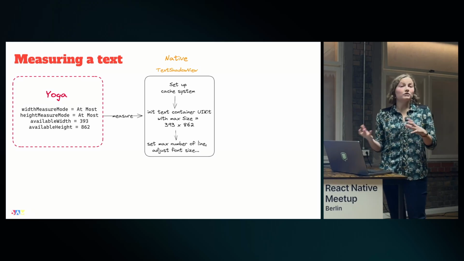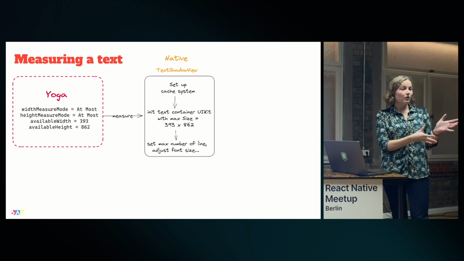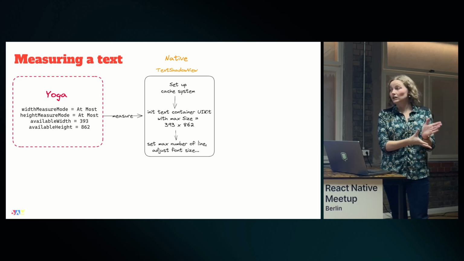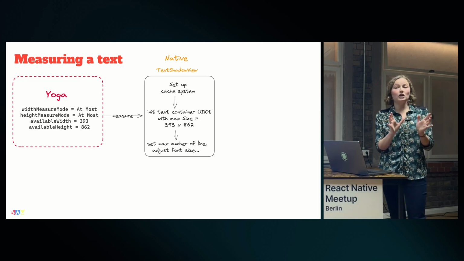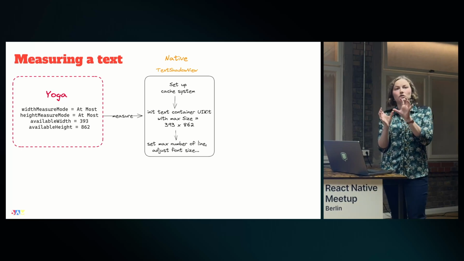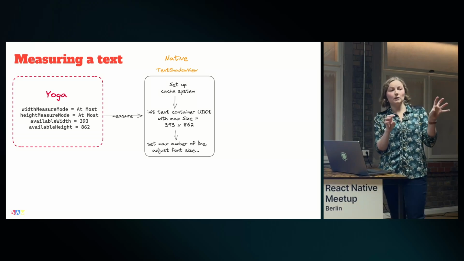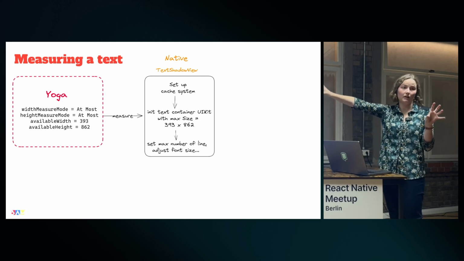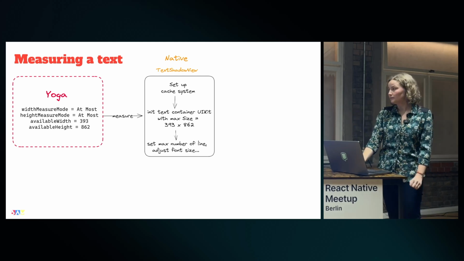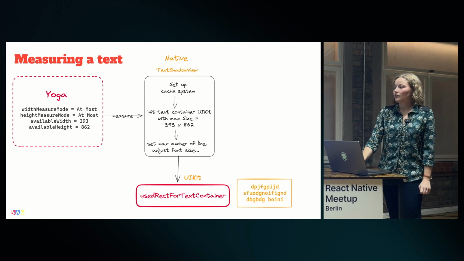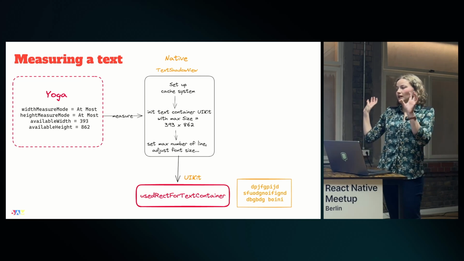It also sets the max number of lines you could have set in your properties in React Native, or the adjust font size parameter. It's interesting to see that Yoga doesn't care about the adjust font size parameter. It just plays its role here in the native text shadow view. And then we call the UIKit useRect for text container function.